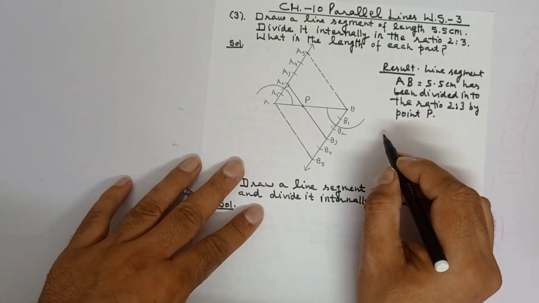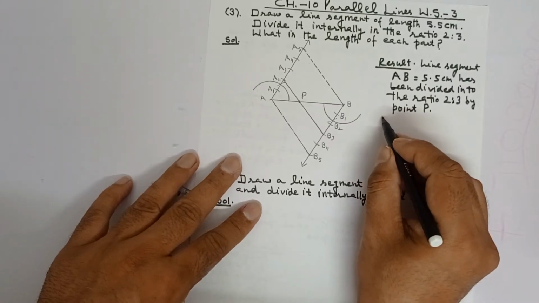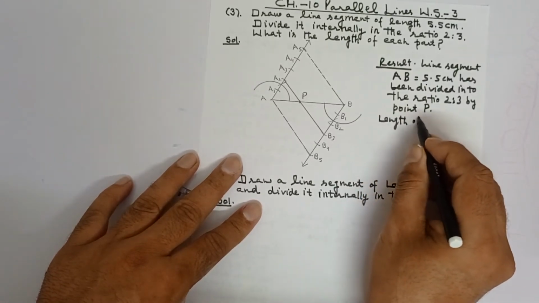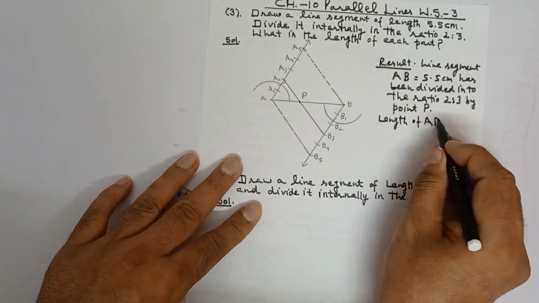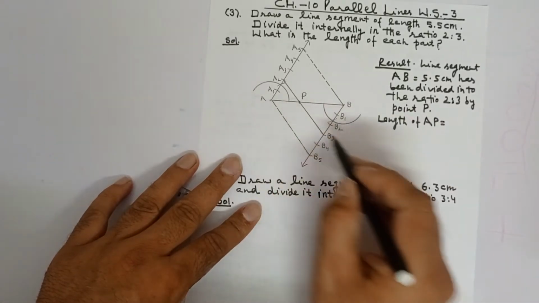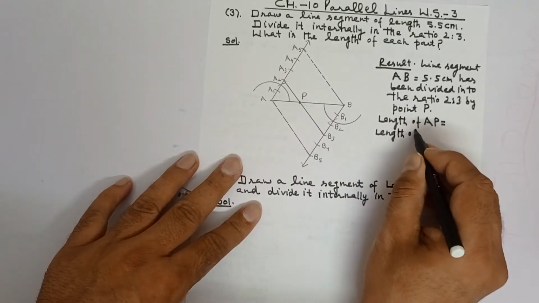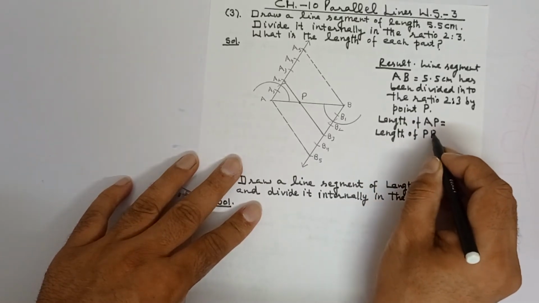Now he is asking what is the length of each part. So we will measure it, length of AP, this AP, and then we will measure this also, length of PB.